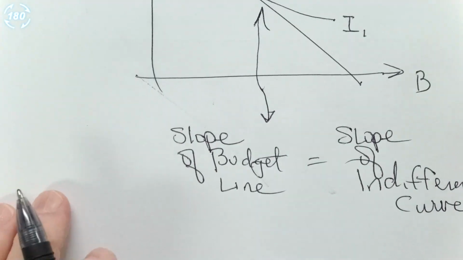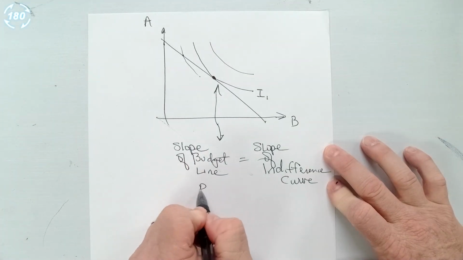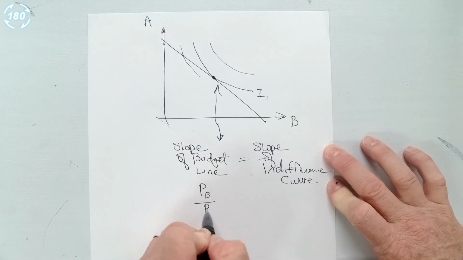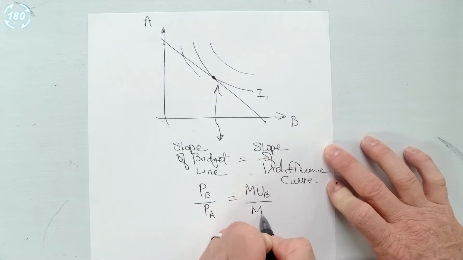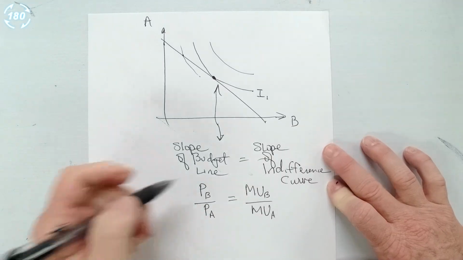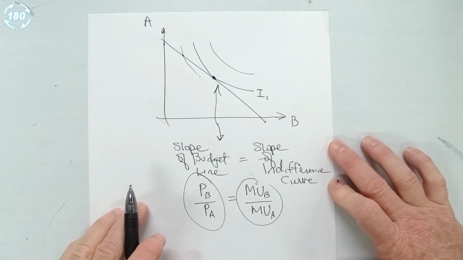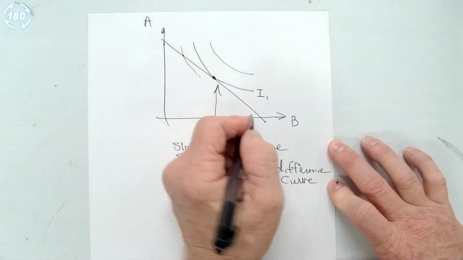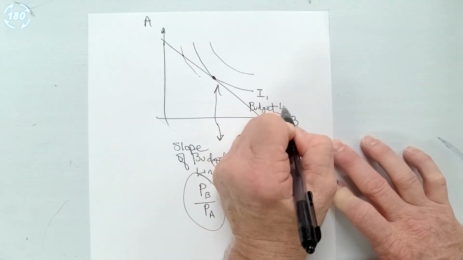There's a tangency condition here. The slope of the budget line is the ratio of the prices. The slope of an indifference curve is the ratio of the marginal utilities. This is the slope of the budget line. This is the slope of the indifference curve. Budget line, indifference curve.